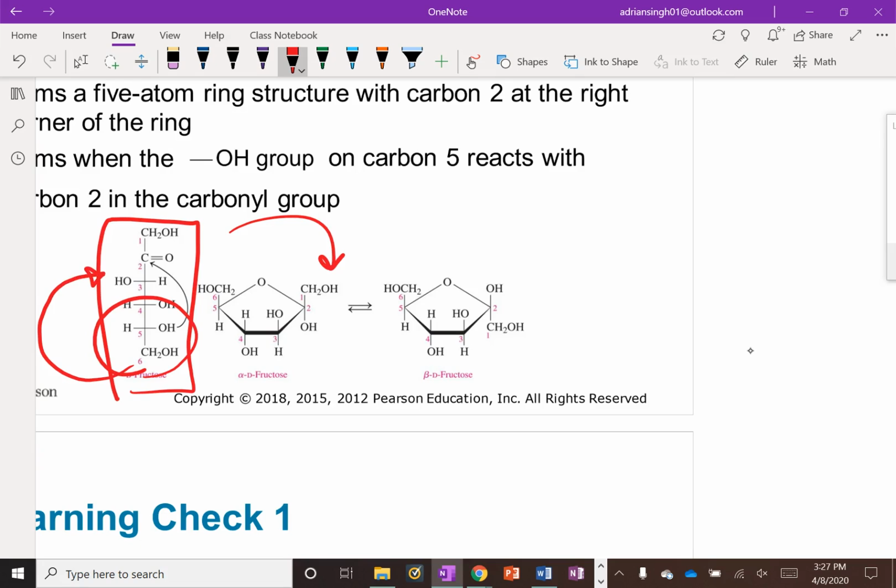And what happens is the OH from carbon 5 ends up coming close to the carbon of the carbonyl in carbon 2. Now, because the carbonyl is on an interior carbon, we end up forming, instead of a 6-sided ring, a 5-sided ring.